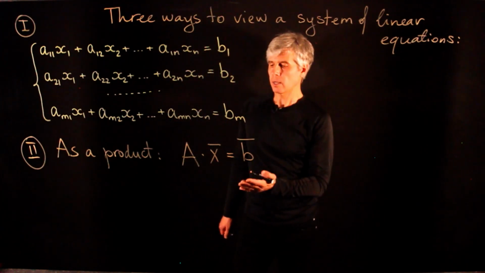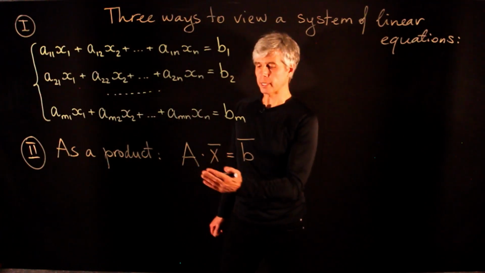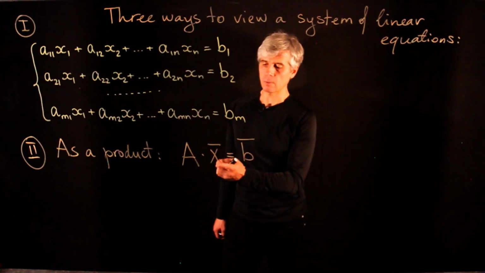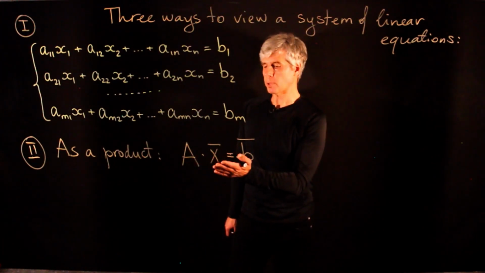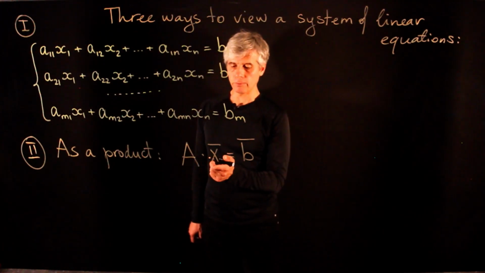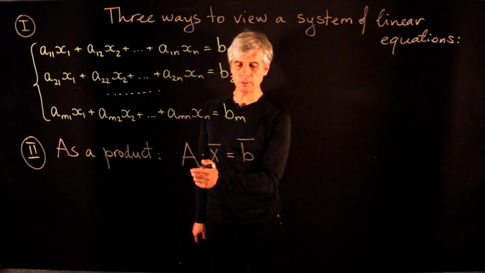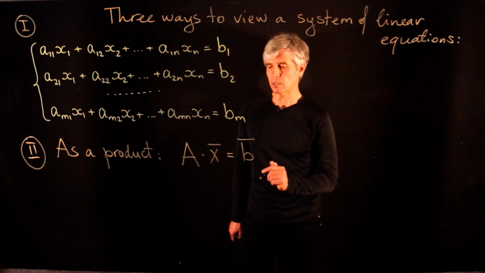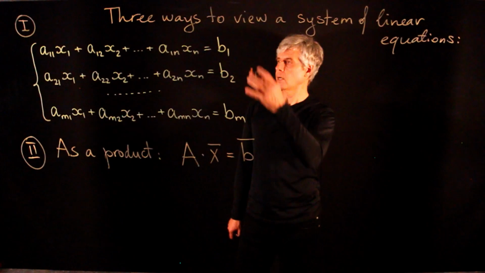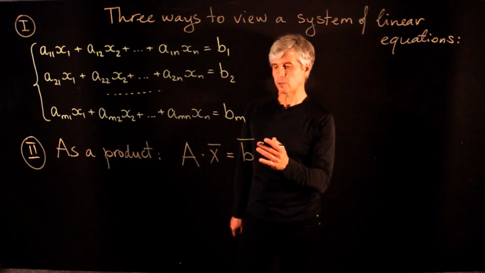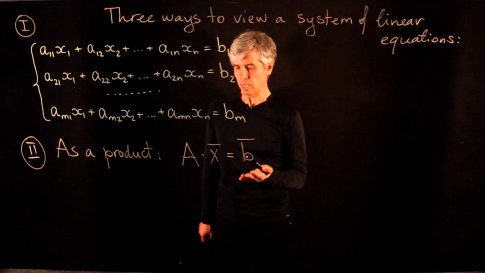Now we can think of a system of linear equations in terms of a product of a matrix with a vector. Here we're solving the problem of finding a vector such that when we multiply it by a given matrix, we get the given vector on the right-hand side. So we see that these two problems are totally equivalent, we just write them in a different way.